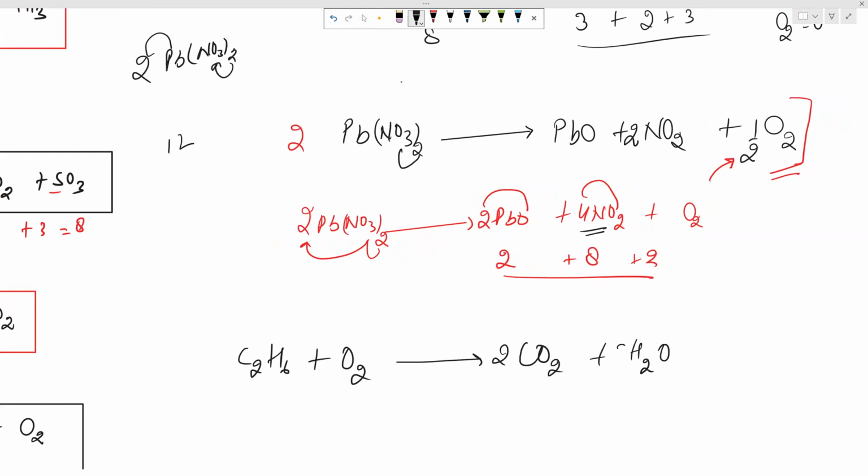How many oxygen? Sir, in the reactant side, shouldn't it be 9O2? So if you write 9 O2, it will be 18 oxygen. And here you check it. How many are there? 4 and 3, 7.